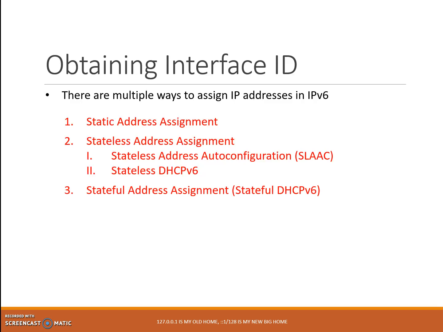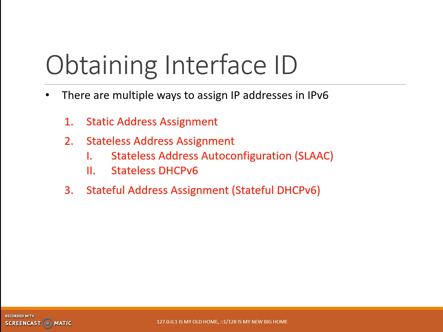The third type of assignment is the stateful address assignment, or stateful DHCPv6. This is similar to IPv4. DHCPv6 can use DHCP to statefully assign IP addresses to any client.